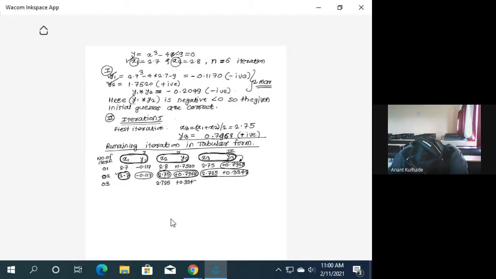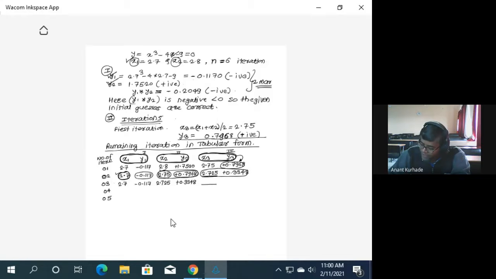And x1 y1 keep as it is, 2.7 and minus 0.117. We have to perform 6 iterations, and we are now still at iteration number 3. Now tell me what next?